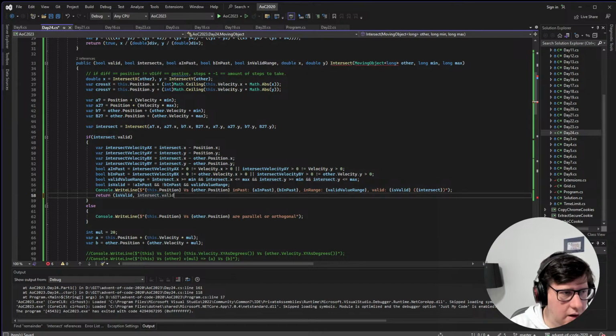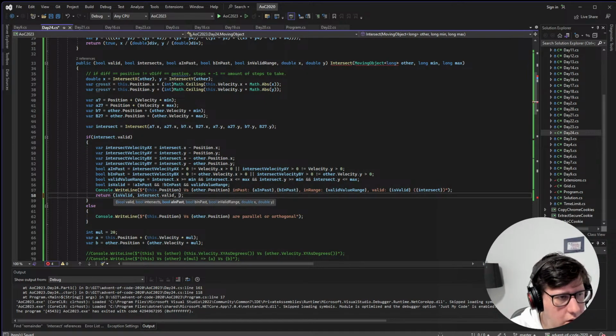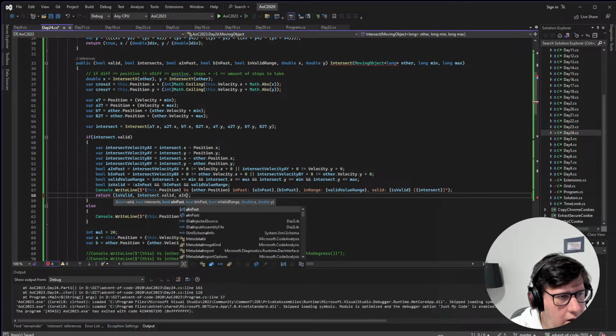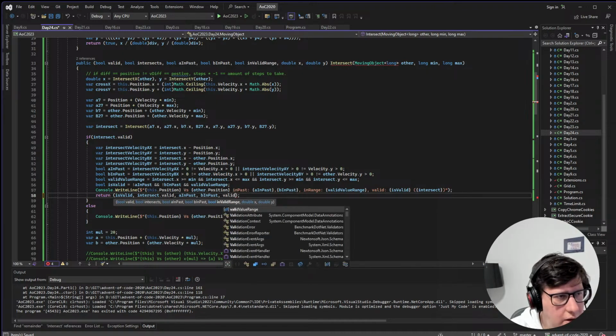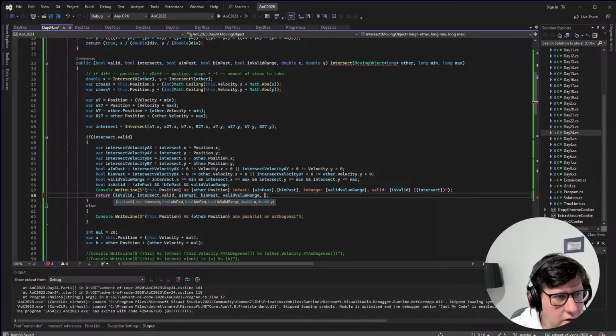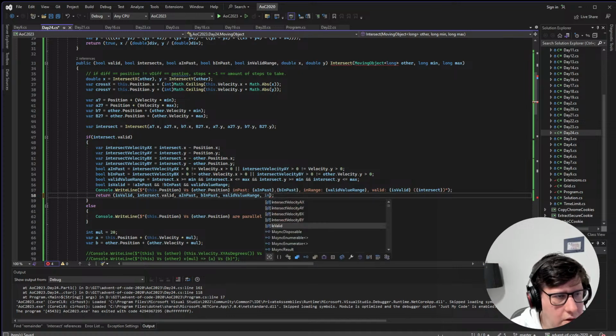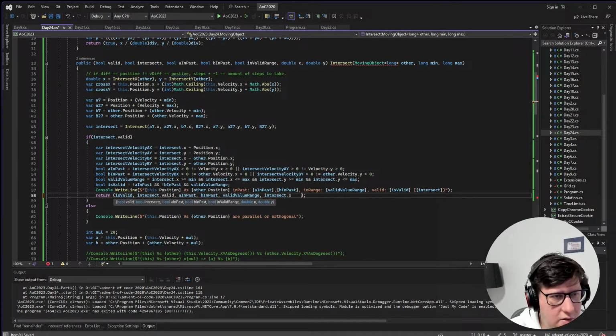Is the compiler dying here? Let's see. A in past, B in past, valid value range, and then intersect dot x, intersect dot y. And there's so much code to clean up here.